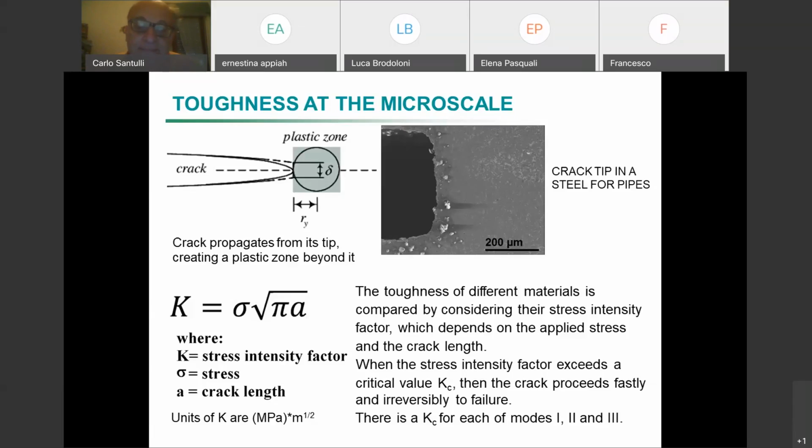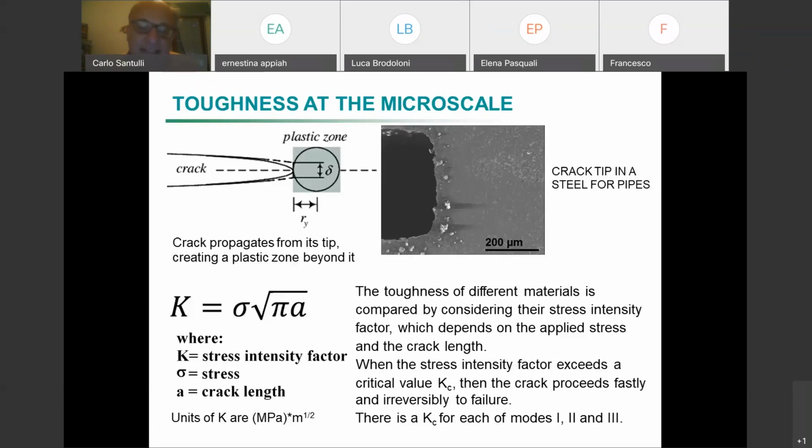And we have that formula K. K is the stress intensity factor. The stress intensity factor corresponds to that kind of elastic limit after which the material fails; the critical stress intensity factor corresponds to that elastic limit.